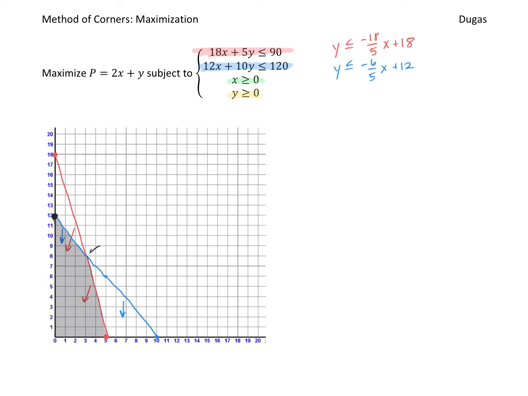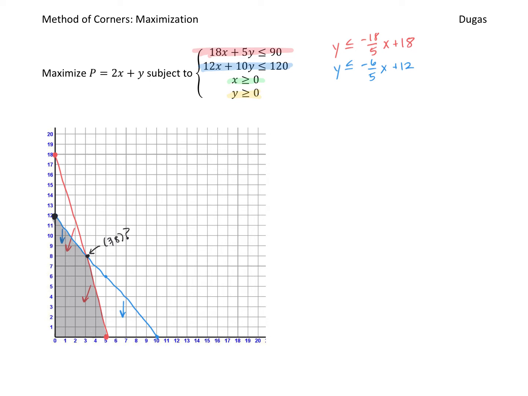This point right here, it looks like it could be at 3, 8. Okay, but that's a guess. Remember that this is hand drawn, and so that could actually be a little bit to the right of 3, or it might not be exactly at that ordered pair. So we have to really be careful with that.